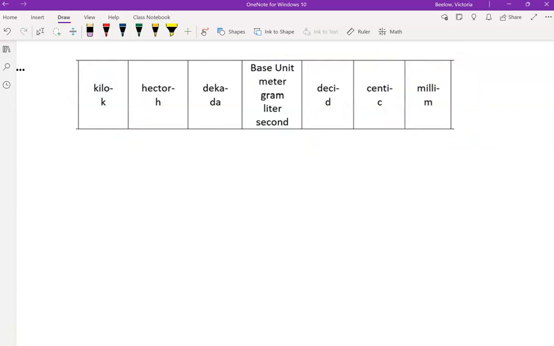The reason that we can move the decimal to do these conversions is because all of these are in bases of 10. And if you are not comfortable with moving the decimal, you can always do a picket fence. If you choose to do a picket fence, I would remember these conversions. So 1 gram is equal to 1,000 milligrams.